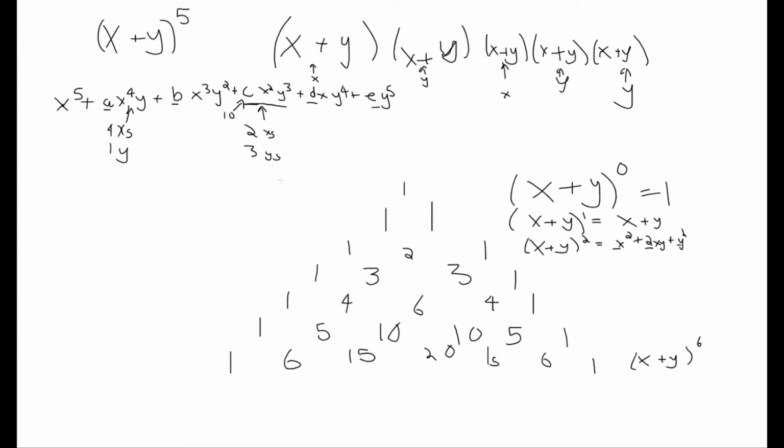Now I want to relate combinations to Pascal's triangle. So we're going to look at another way to look at Pascal's triangle using combinations to sort of represent each coefficient. And hopefully you'll see what I mean right now in a second.